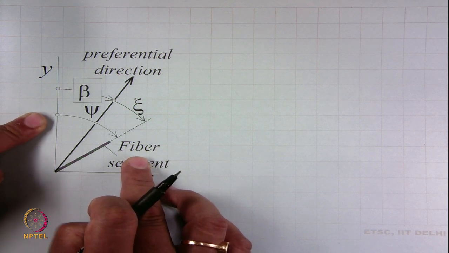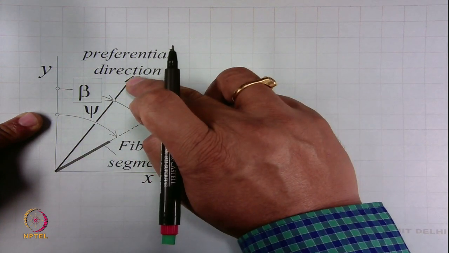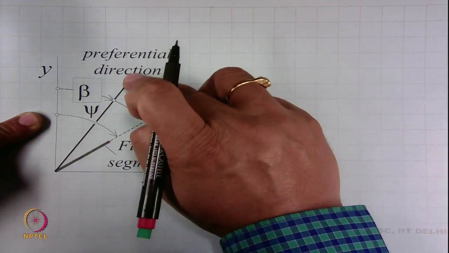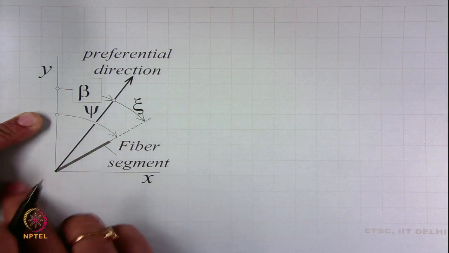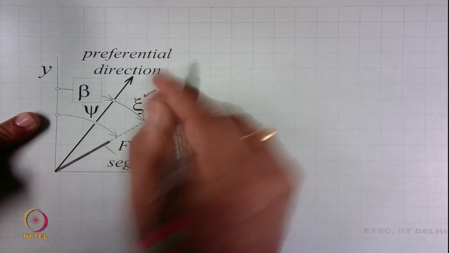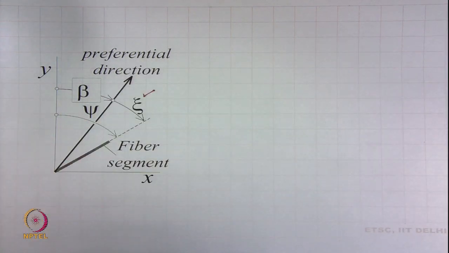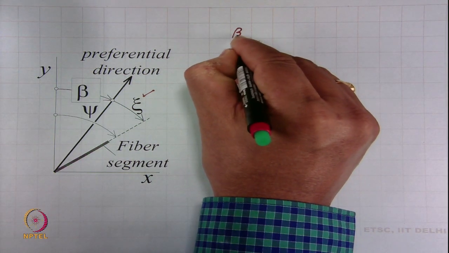However, the y axis is not the preferential direction now, the preferential direction is this direction. So, this preferential direction makes an angle beta from the y axis and the fiber segment is making this angle from the preferential direction. Right.